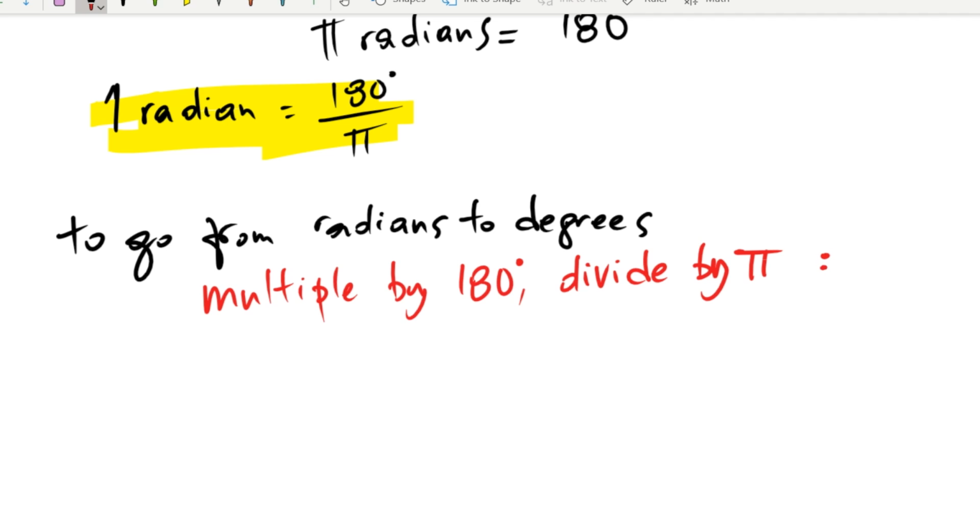So basically we're going to multiply our unit by 180 degrees divided by pi.